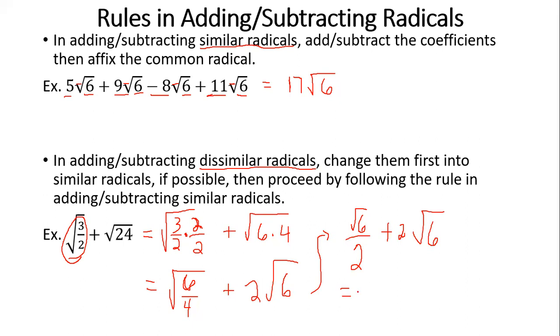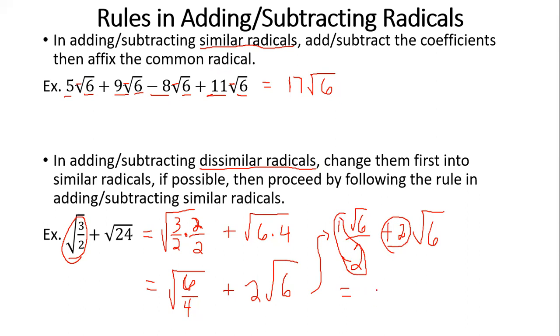Then we add using the rules in adding or subtracting similar radicals. So 2, yung coefficient po natin, positive 2 at saka positive 1/2. Okay, let's fix that. So 1/2. Automatic po yan, may 1 dyan.